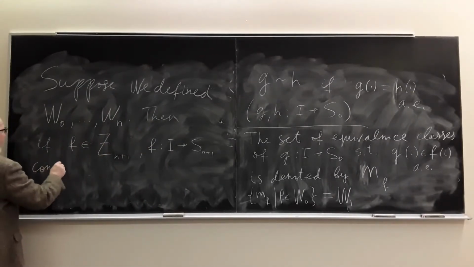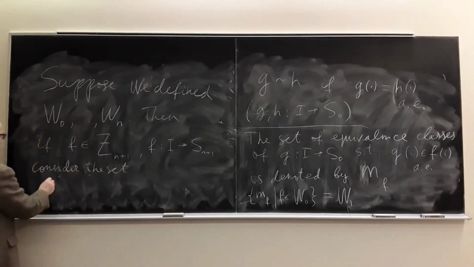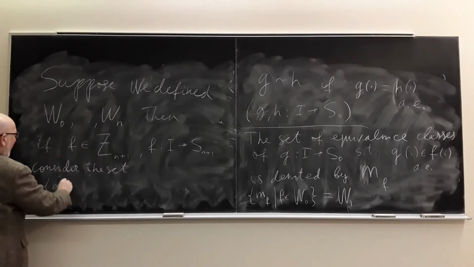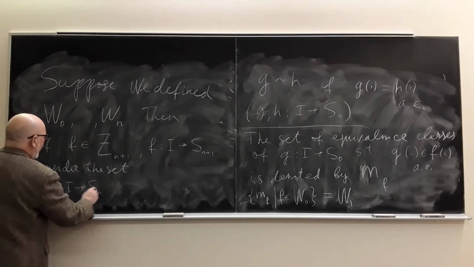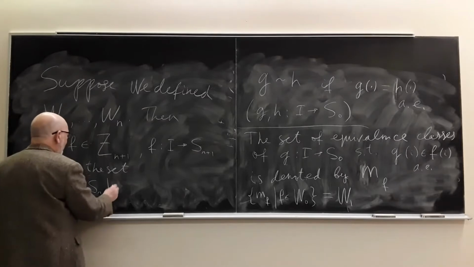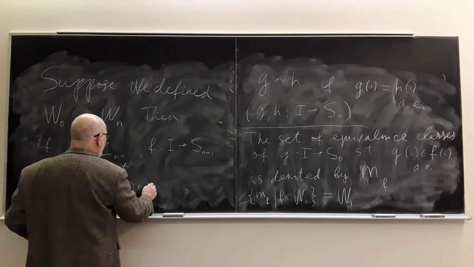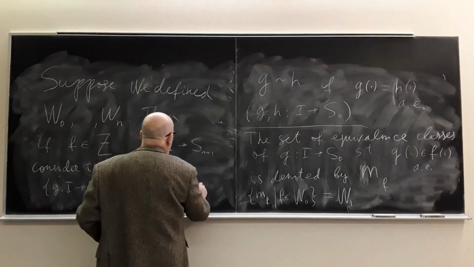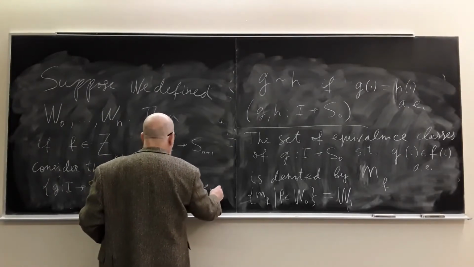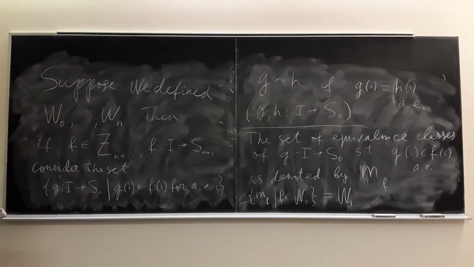Consider the set of maps G from I to Sn such that G of I is an element of f of I for almost all I. And now it is a map.